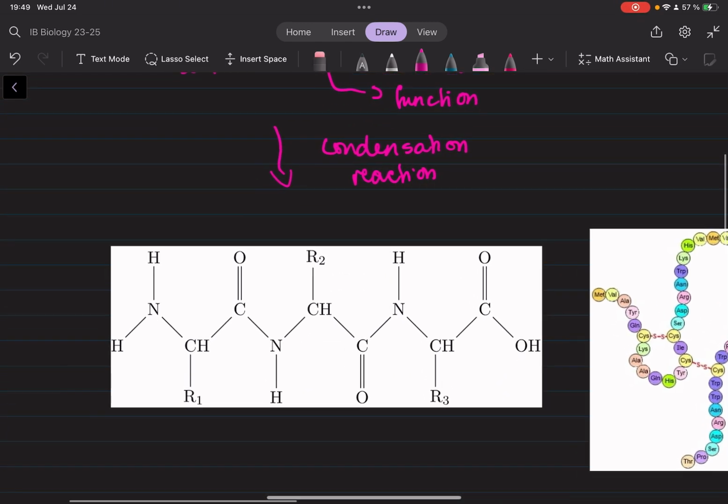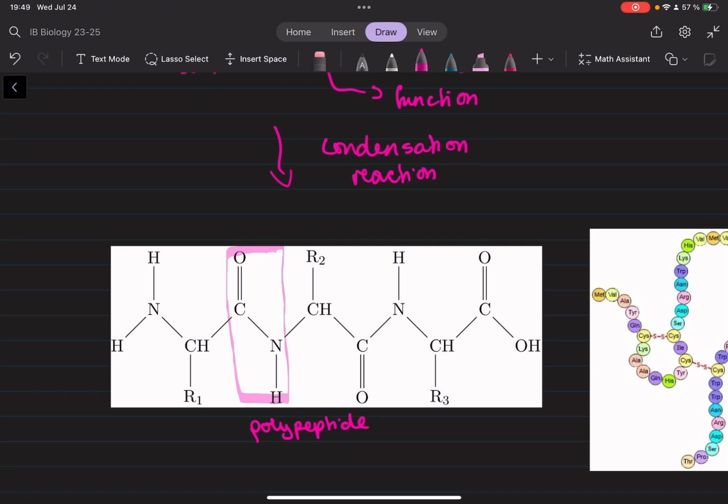So through the condensation reaction, we can get a polypeptide chain.